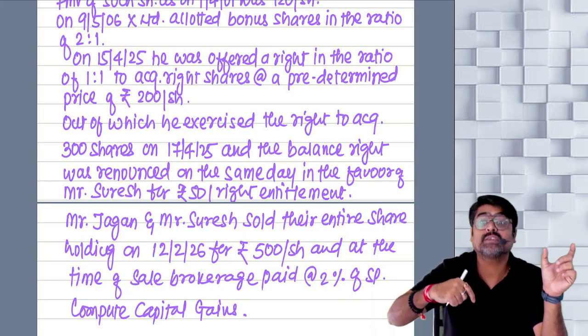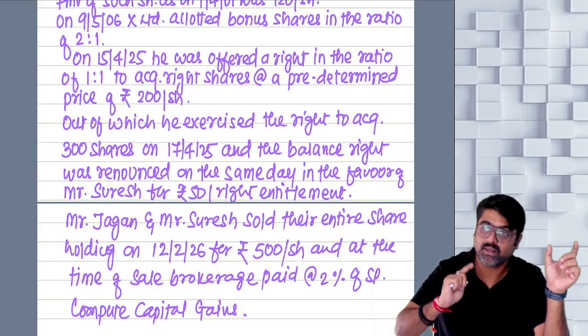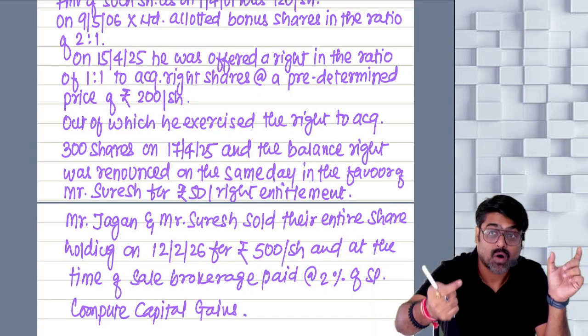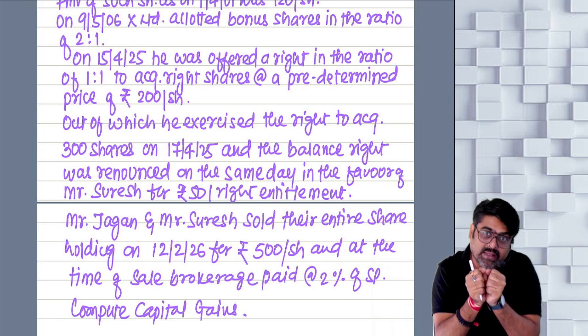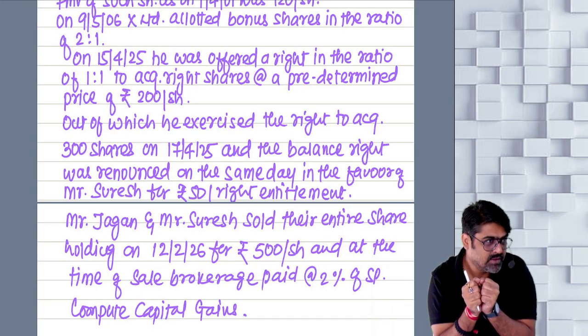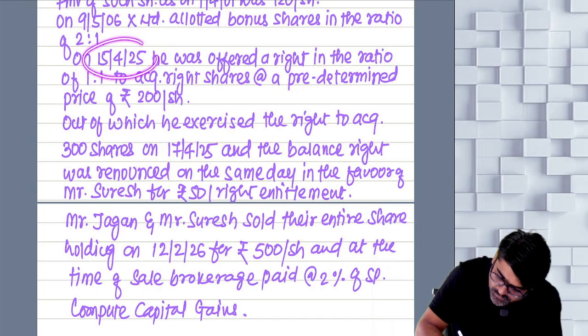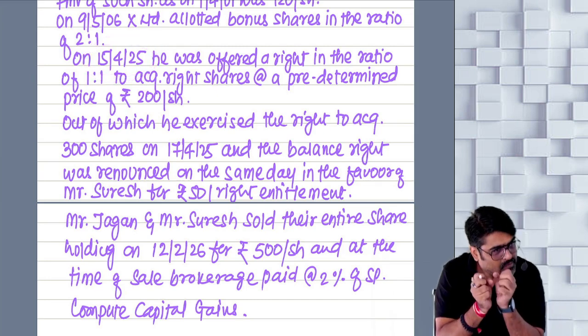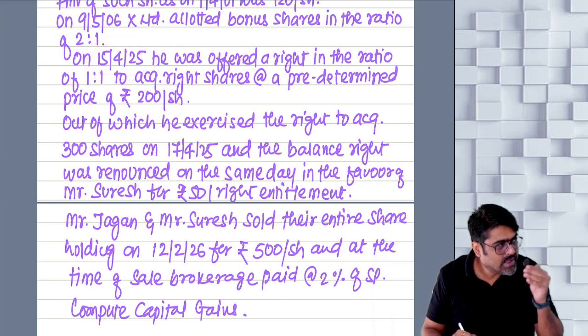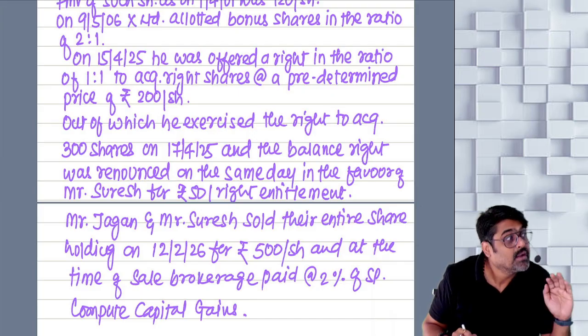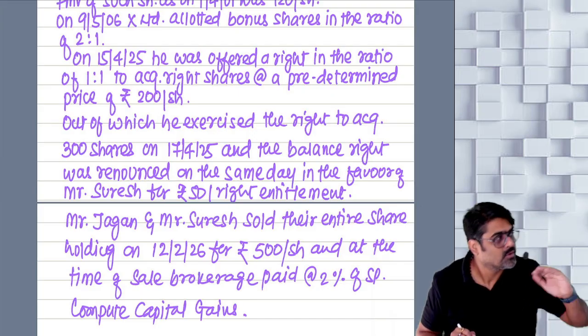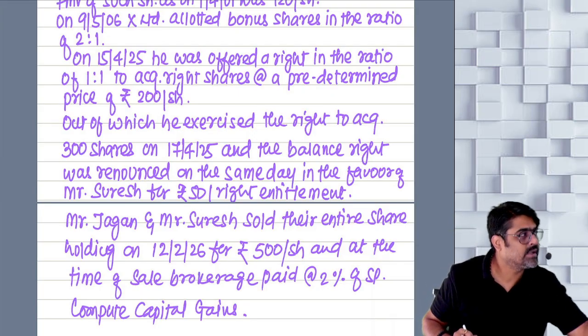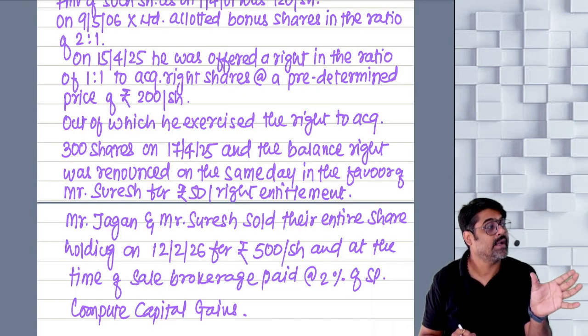The date on which the company offered the right. From that day, 15th of April, you are holding the right of 750 shares, till the date of renouncement. The date on which you renounce that right, till that date only the right is held.